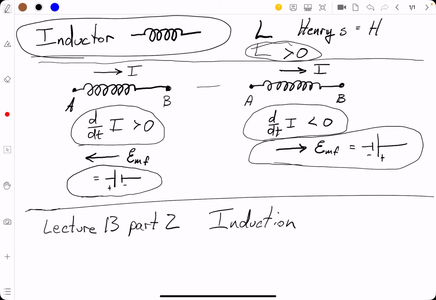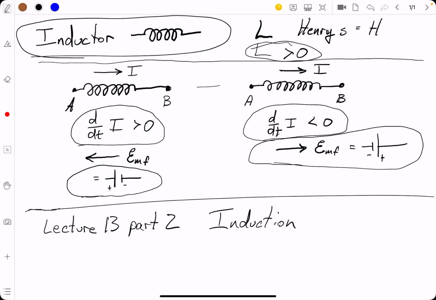So it's a Lenz's law thing, and you can get into the details of it if you want to think about that. But it's really self-inductance, and whether you're increasing or decreasing your current, it will fight. The EMF will fight that increase or decrease and send current either more into or less into as a result.